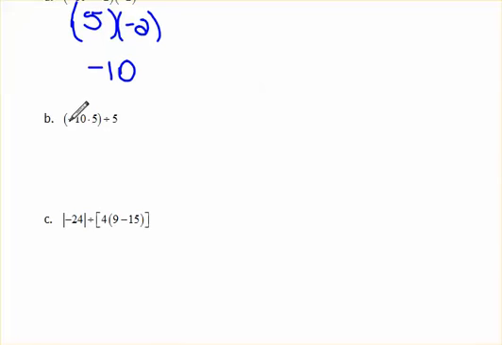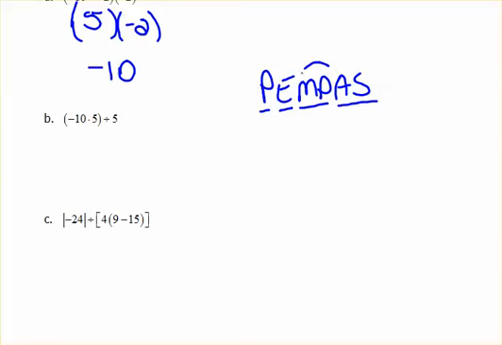Okay, so here we have a problem where we have multiplication and division. Now, in order of operations, if you'll remember, it's please excuse my dear Aunt Sally. So we have parentheses, exponents, multiplication and division, and then addition and subtraction. Neither multiplication nor division, nor addition nor subtraction, is more important than the other in its pair.